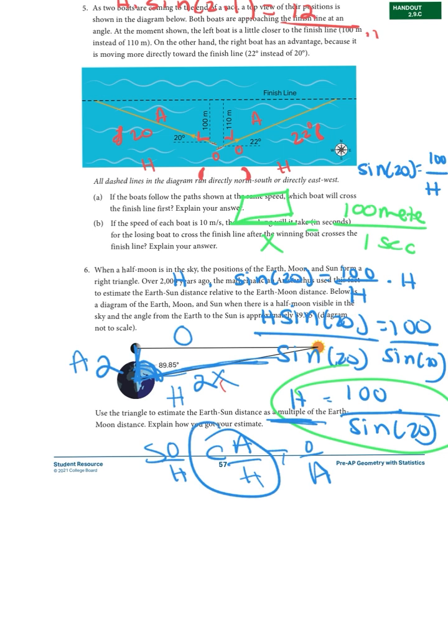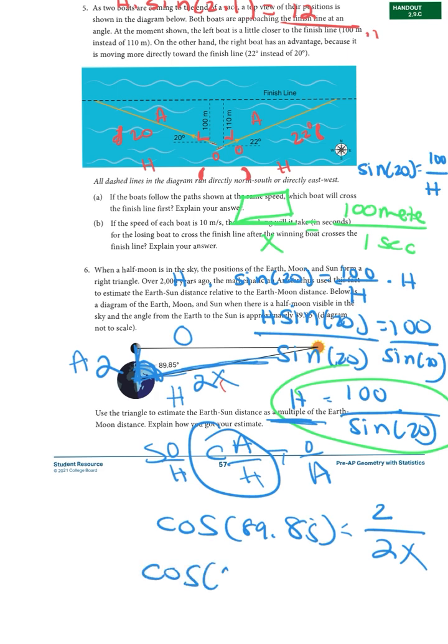So adjacent over hypotenuse. So the cosine of 89.85 is equal to 2 over 2x.